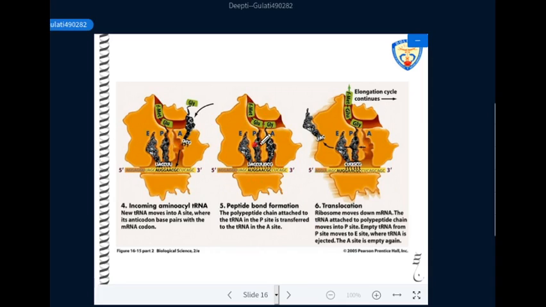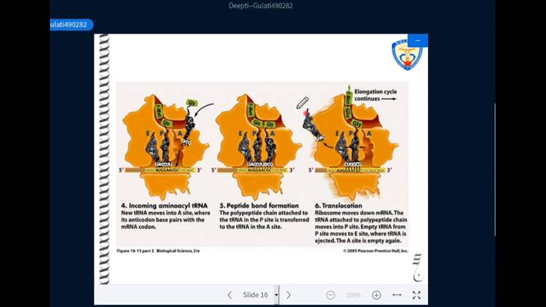It keeps on going till any one of the three stop codons reaches the A site. So till then, the elongation cycle will go on. Corresponding tRNAs are brought to the A site by the elongation factors. Peptide bond formation takes place.